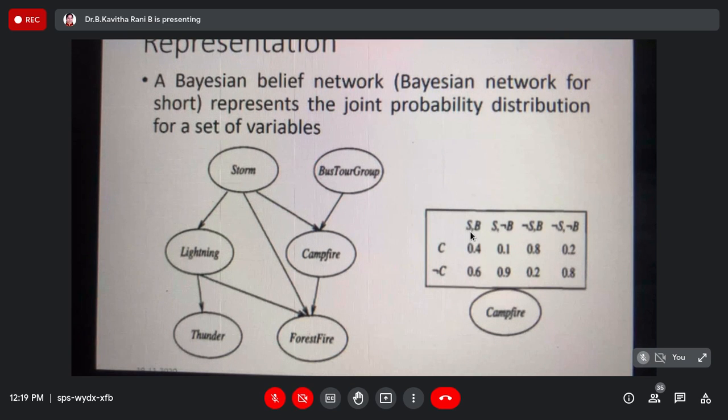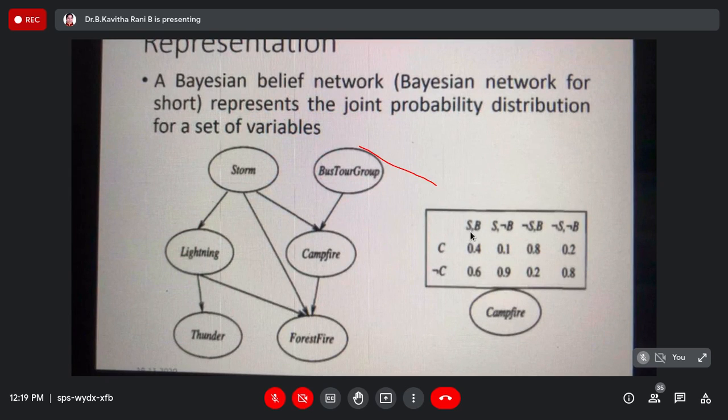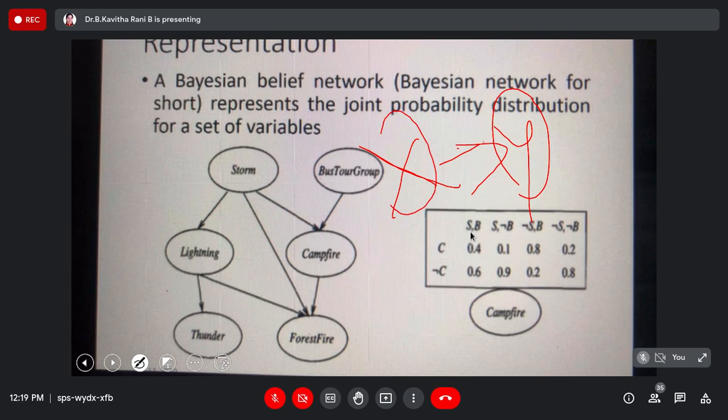Because if x determines y, or y is dependent on x, that means the probability of y is dependent on the probability of x.